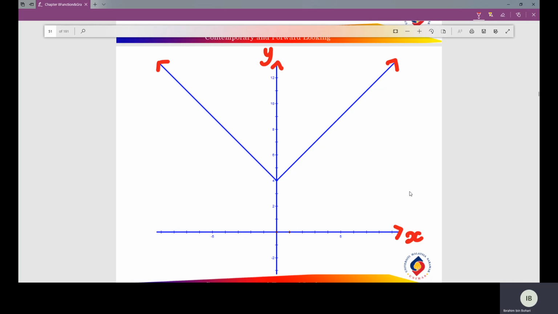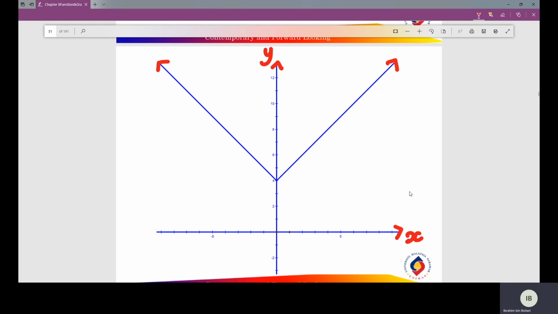The vertex of the function is at (0, 4). Then you plot all the points (1, 5), (2, 6), (3, 7) to positive infinity. This side starts at (-1, 5), (-2, 6), and (-3, 7).